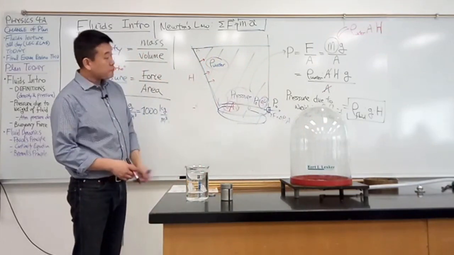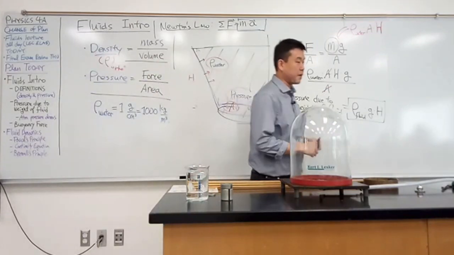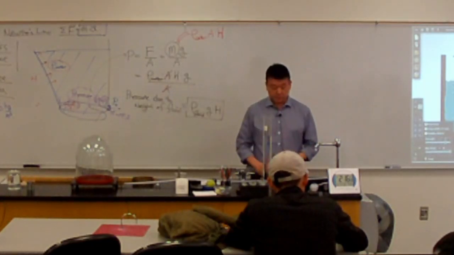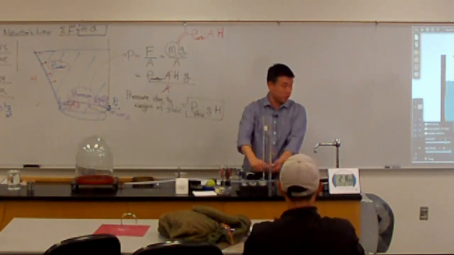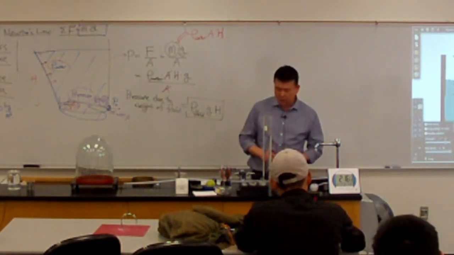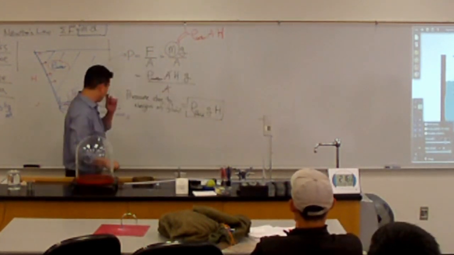All right, so that's the pressure due to weight of fluid. And this is exactly what you are seeing illustrated here. Because at a deeper depth there's greater pressure, the water gets pushed out at a faster rate. Now, one thing might be a bit confusing.